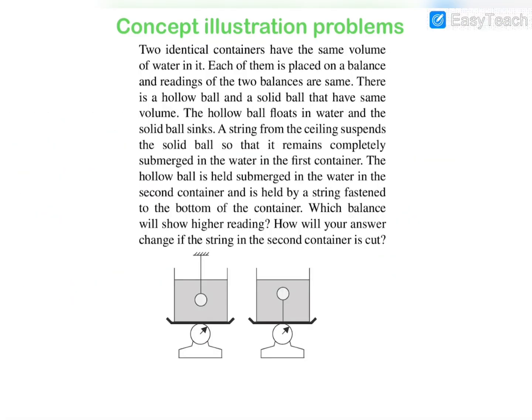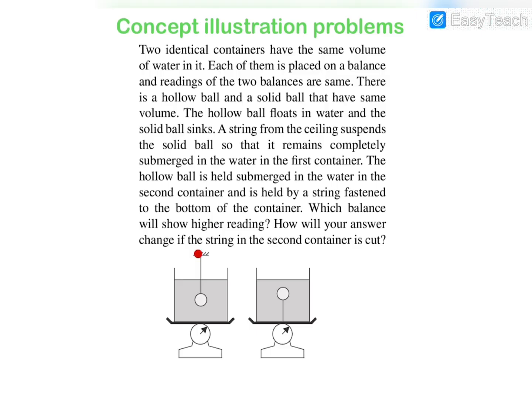In this question, you can see that there are two identical containers which have the same volume of water filled in them, and they are separately placed on two different weighing machines which show the same reading. Now there is a hollow ball immersed in the second container, connected with a string to the bottom of the container, and there is a solid ball whose density is greater than that of water.